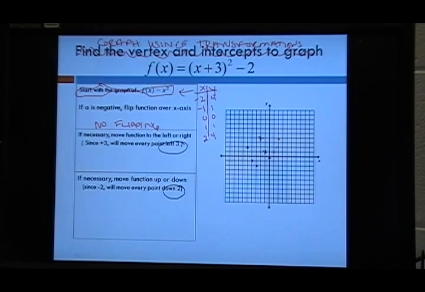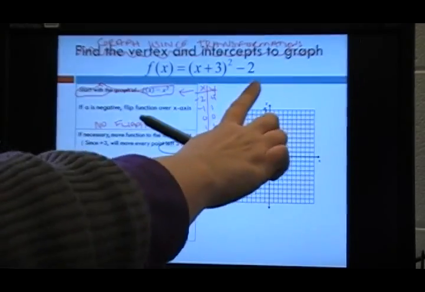And I'm just crossing them off as I go so I keep them clear. So left 1, 2, 3, down 2, that is here. And left 1, 2, 3, down 2, that point is there. Okay, so this is the graph of this parabola.